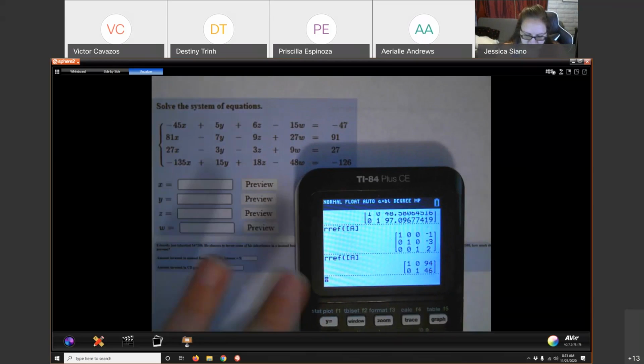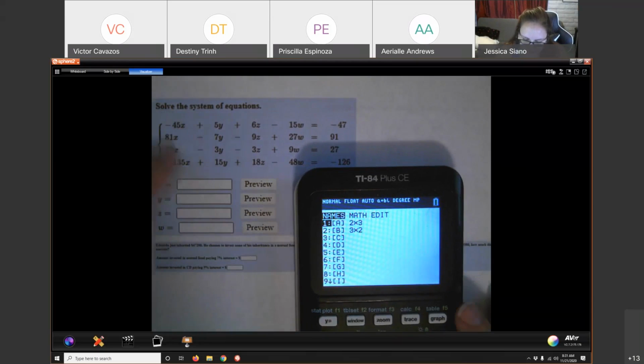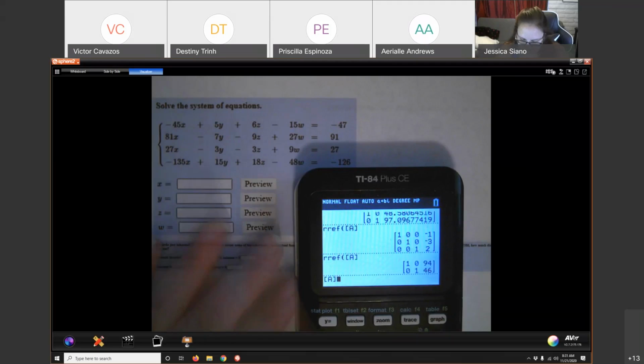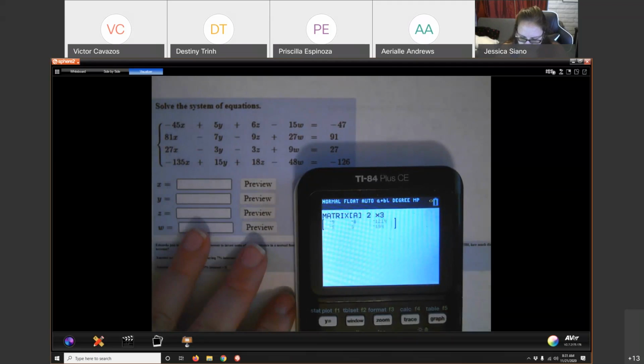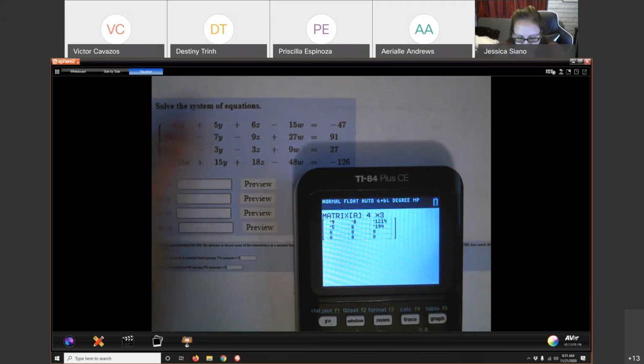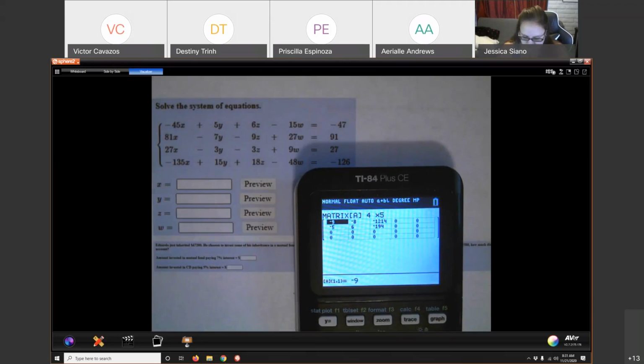So second matrix, this is 1, 2, 3, 4 rows and 1, 2, 3, 4, 5 columns. So negative 45, 5, 6, negative 15, negative 47.